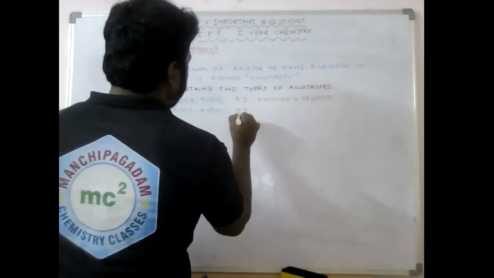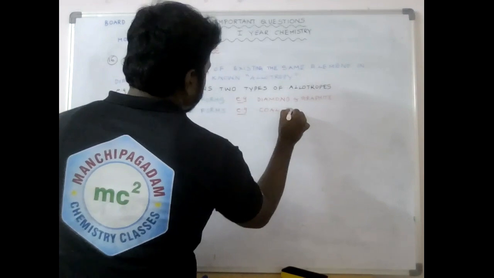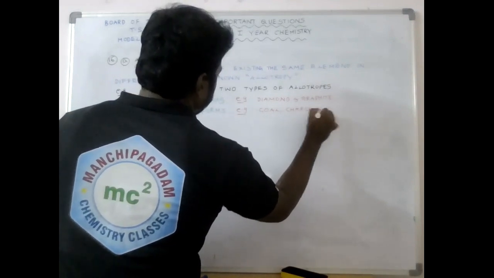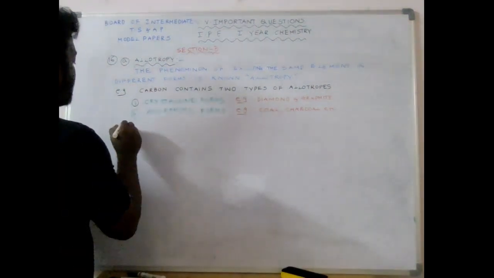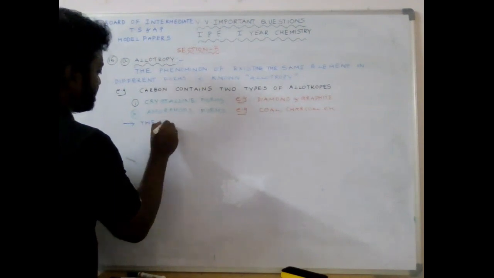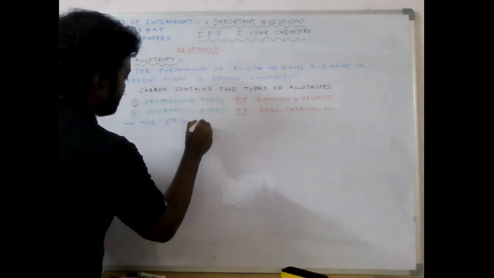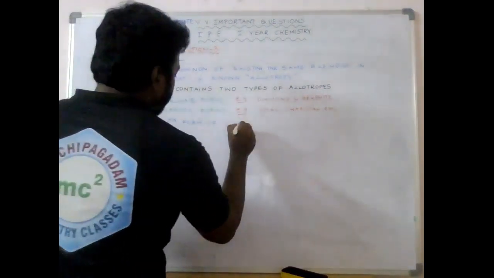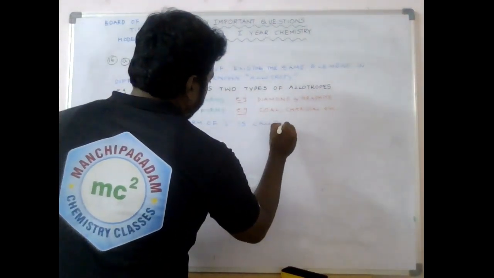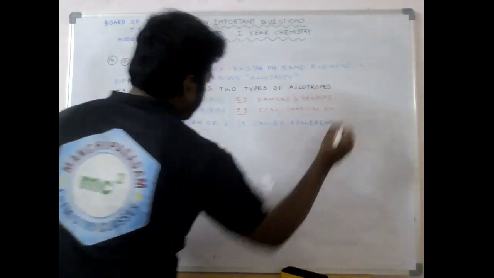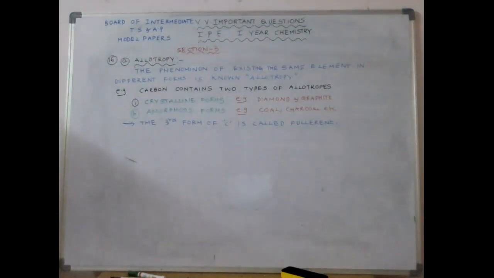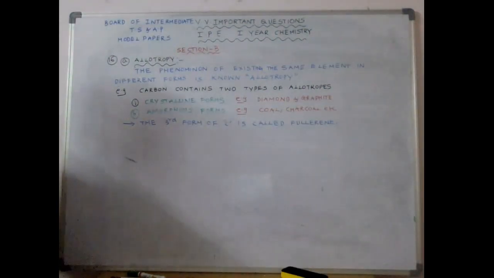Example for amorphous forms is what I told you just now: coal, charcoal, etc. And one more point you can include in this. One more form, a third form, also is there. You can also write that the third form of carbon is called, what is that famous one? Fullerene. Okay, the third form of carbon is called fullerene.